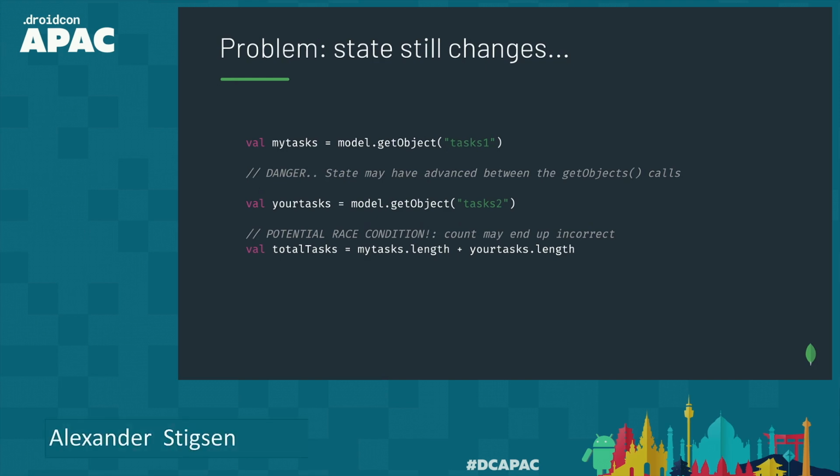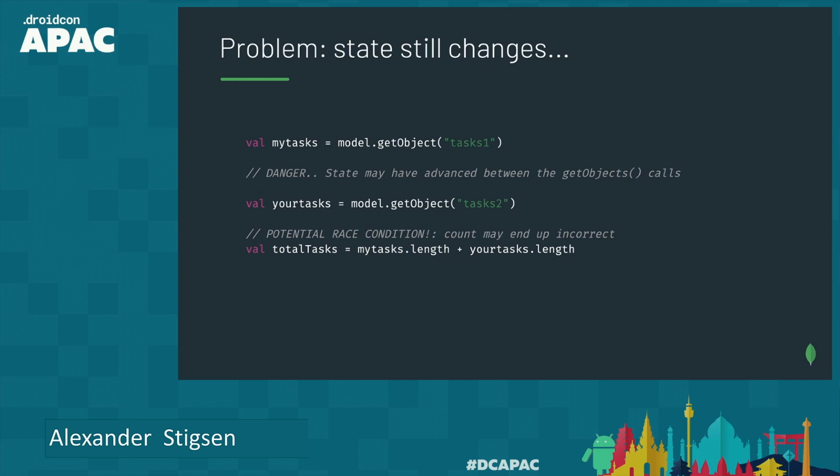The challenge is when suddenly you need to work with multiple objects at the same time. So for example, here in this very simplified example, you start by getting one list of tasks, and then you get another list of tasks, and then you want to get the total. Well, again, the world moves on. The world never stops.